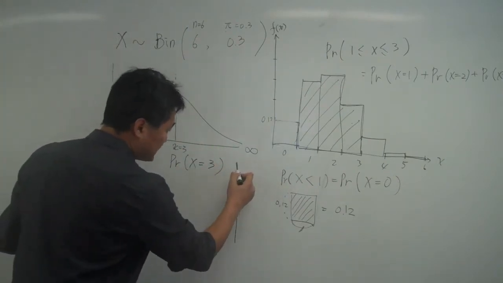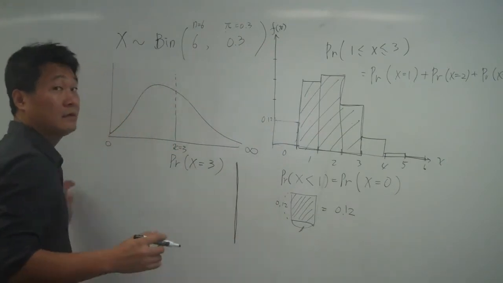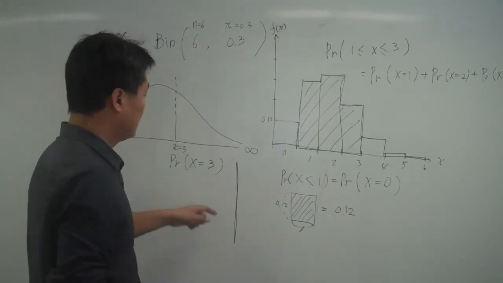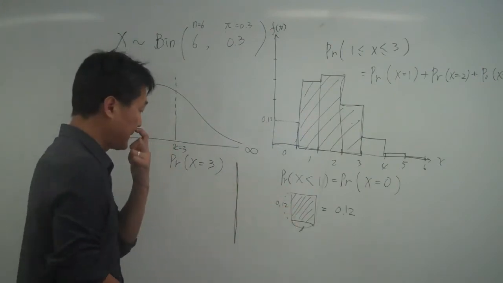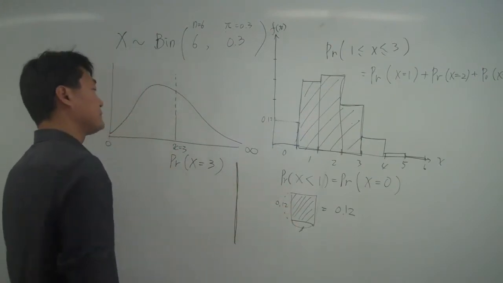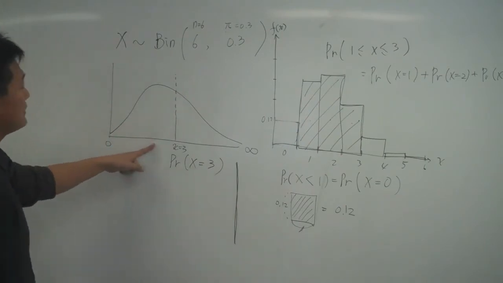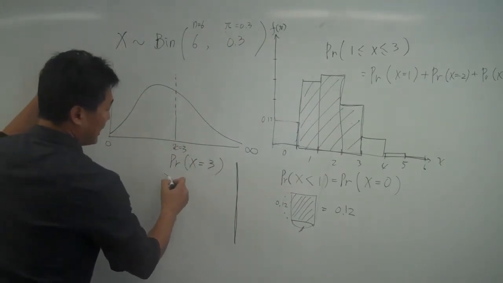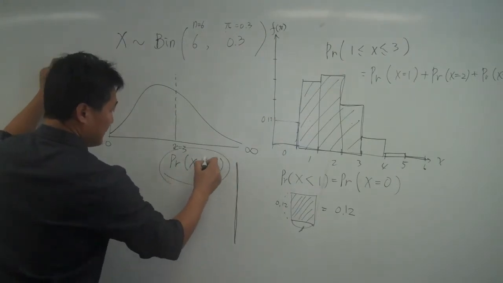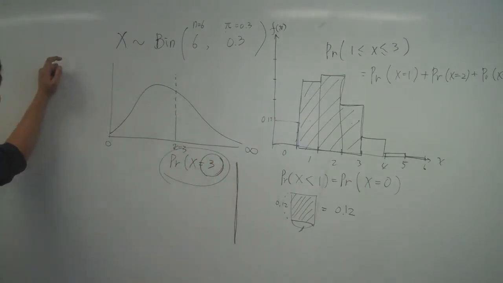Anyway, if that is a line, then as we already know, we cannot obtain area because there is no base. So for the continuous variable, you cannot get any probability of any specific number.